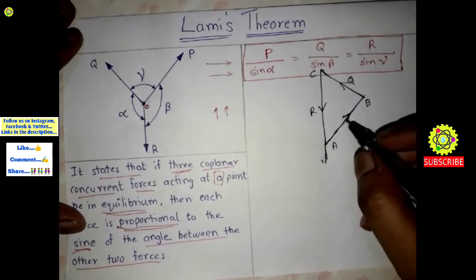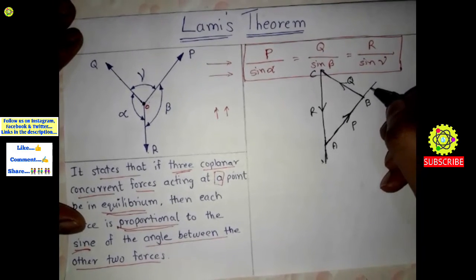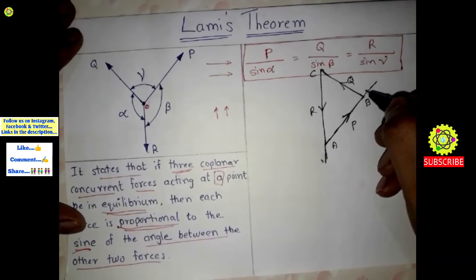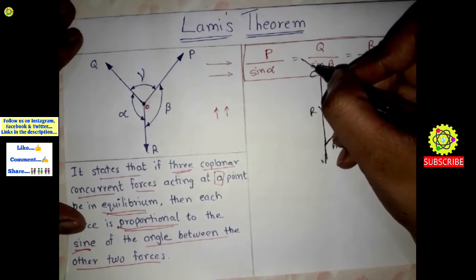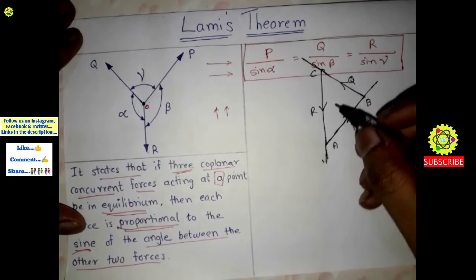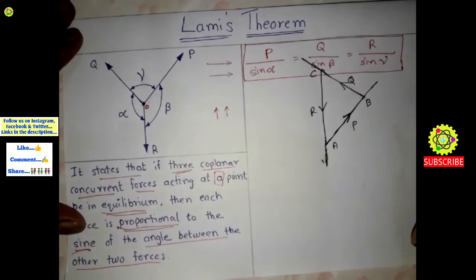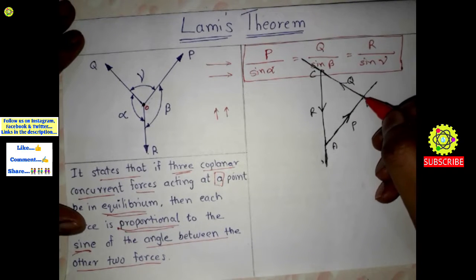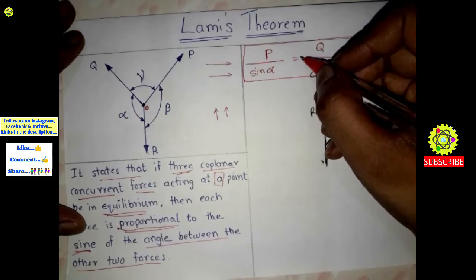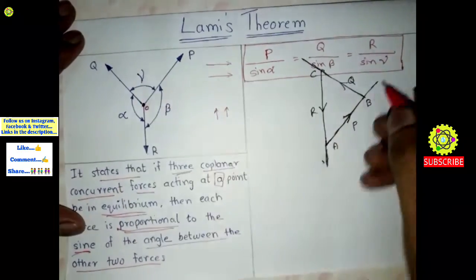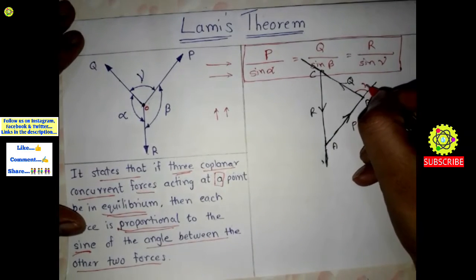Now we extend these lines. This P force we have extended here, and we extend this Q force also here, and this is the R force we have extended here. Now see, this is our P force and this is our Q force, and you can see the angle between P and Q is gamma, so here this angle will be gamma.